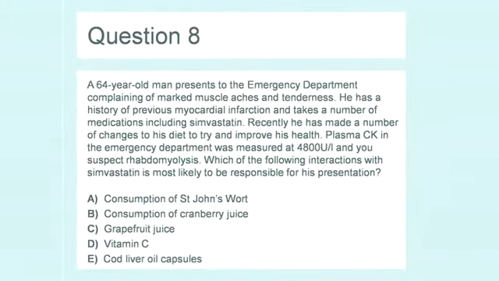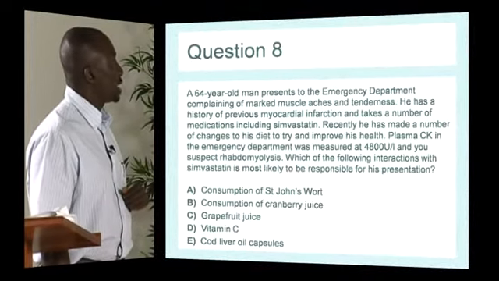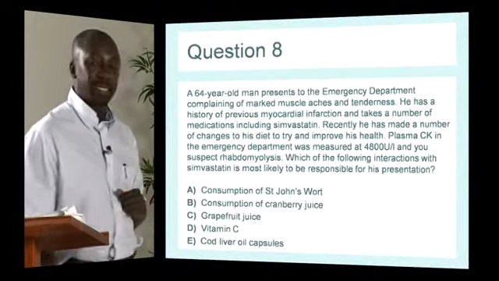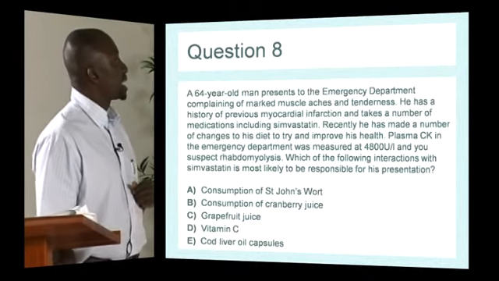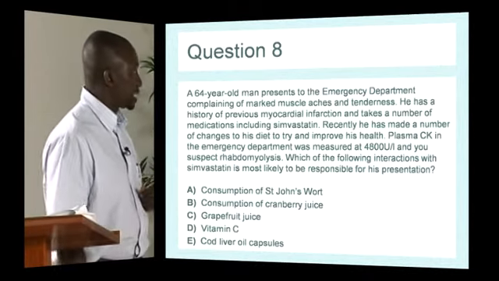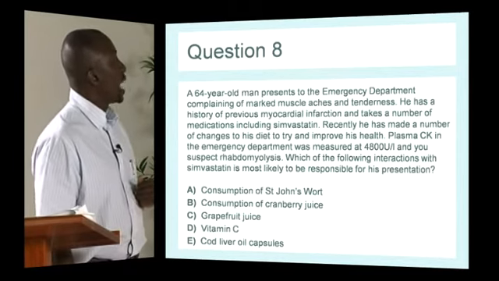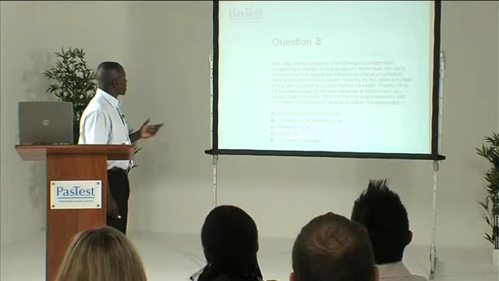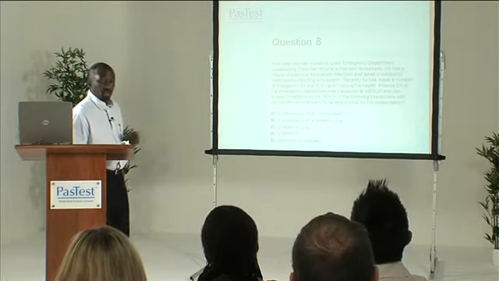Let's consider the next question. A 64-year-old man presents to the A&E complaining of muscle aches and tenderness. He has a previous history of myocardial infarction and takes a number of drugs, including simvastatin. Recently, he has made a number of changes to his diet, and he has tried to improve his health. Plasma CK is elevated at 4,800, and you suspect rhabdomyolysis.